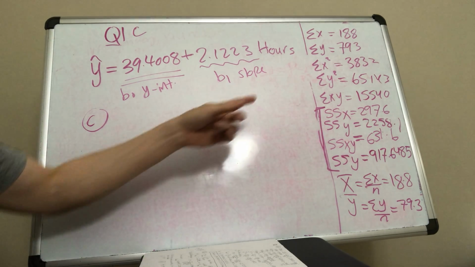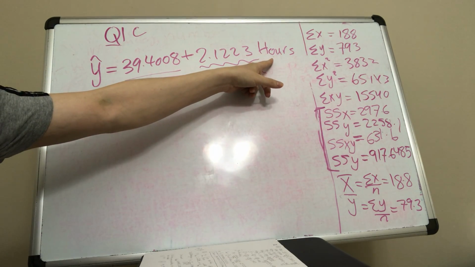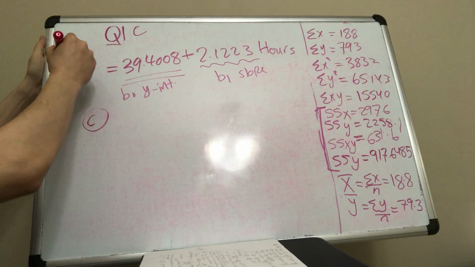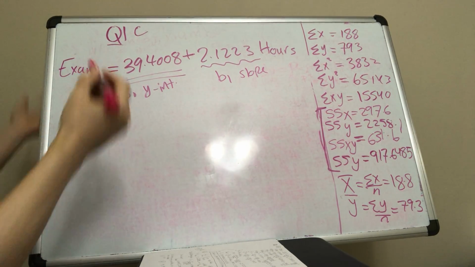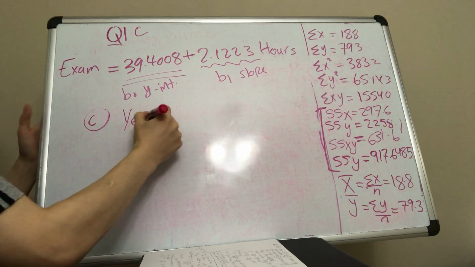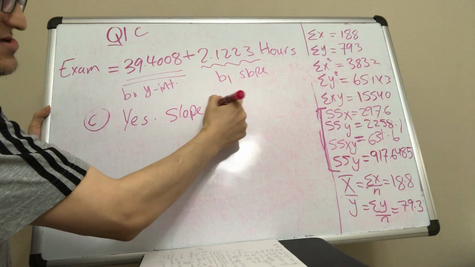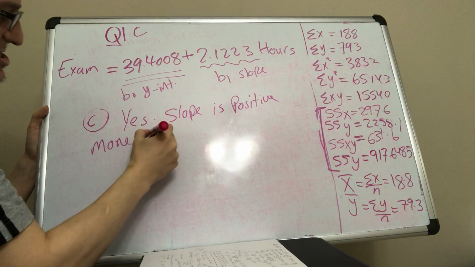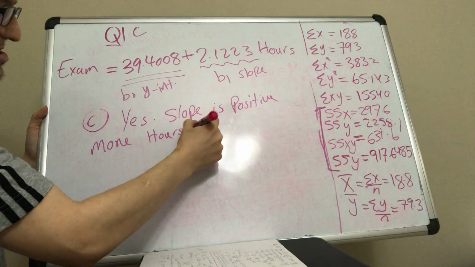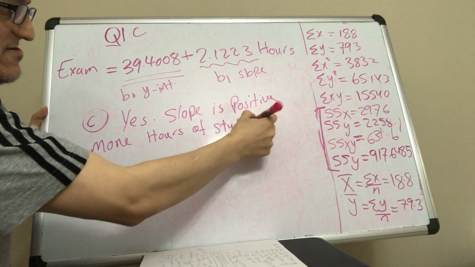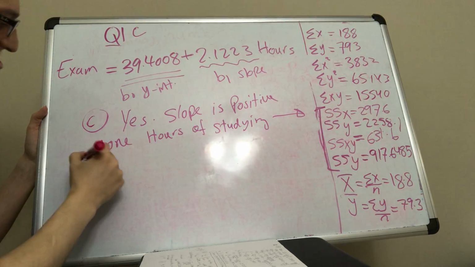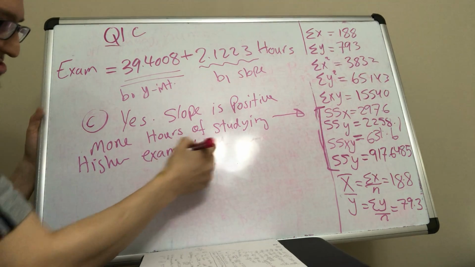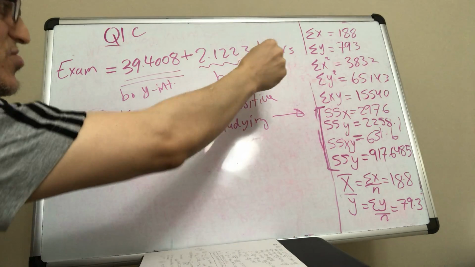That means the more hours you spend studying, the higher exam score you get. Which makes sense. So you say yes, slope is positive, more hours of studying leads to higher exam percentage.